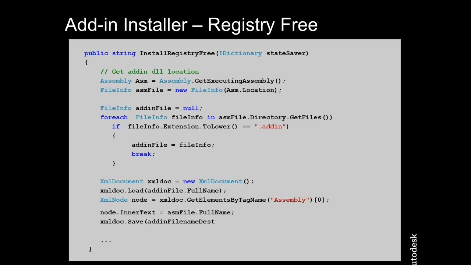The answer is to create some custom logic inside our installer class that will take care of updating the .addin file assembly tag with the correct location of the DLL that is chosen during the install. You can see here a small screenshot of the code handling that functionality. This is based on the XML API in .NET, and I will show you this code in more detail during the demo.